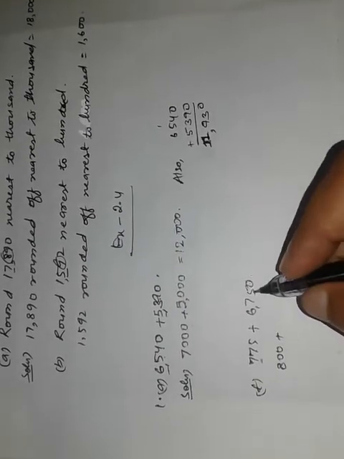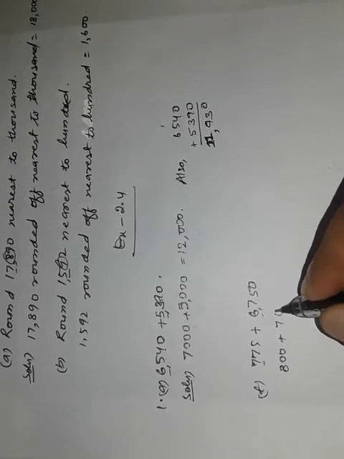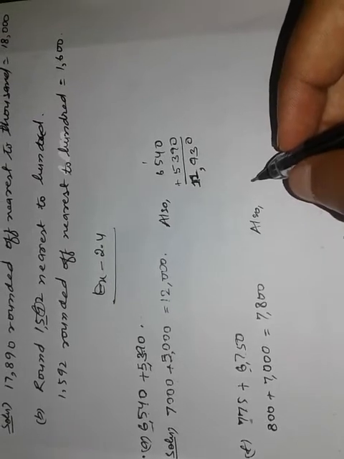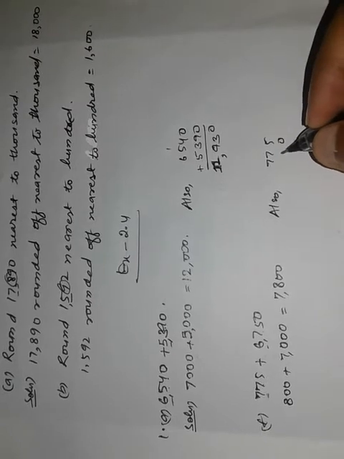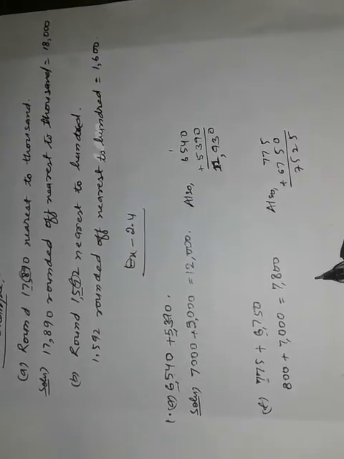Plus 6750: 1s, 10s, 100s, 1000s. This is the 1000 digit. After it is 7, and 7 is greater than 5, so we add 1 to 6. It becomes 7,000. Now add it. How much do you get? 7,800. Now add without rounding the numbers. How much do you get? 7525. Look, it is nearest to it.